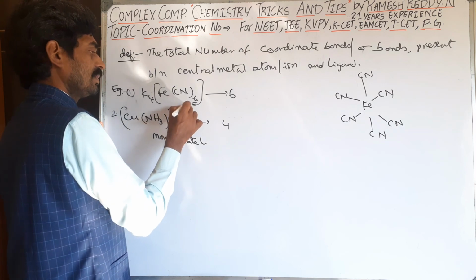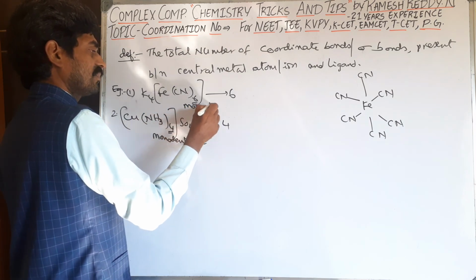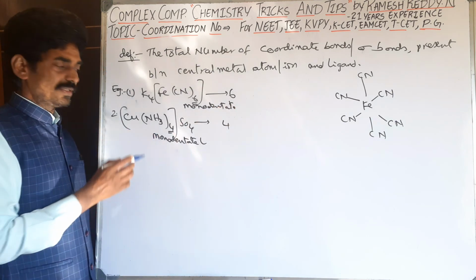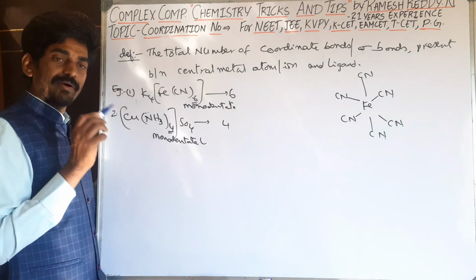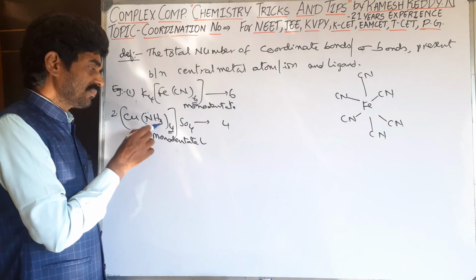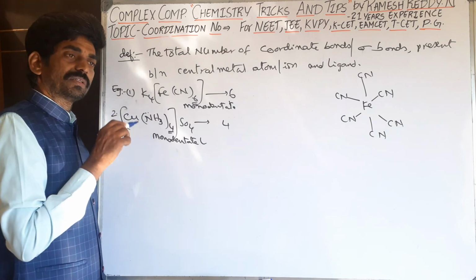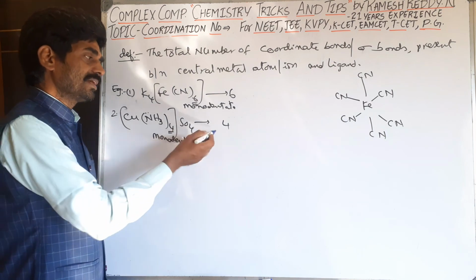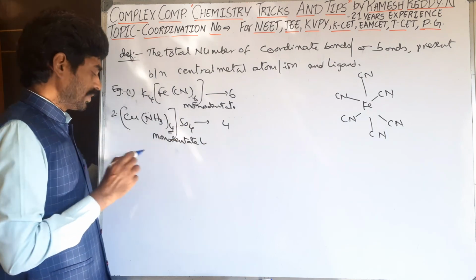Each nitrogen atom has a lone pair of electrons. So they can donate these four lone pairs of electrons and form four coordinate bonds. Hence, the coordination number is 4.